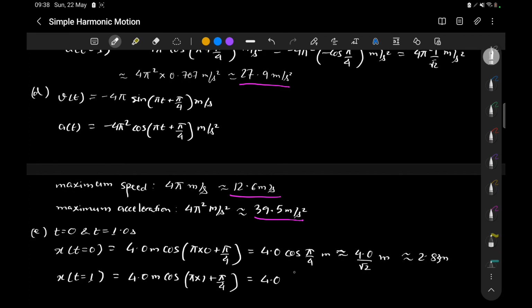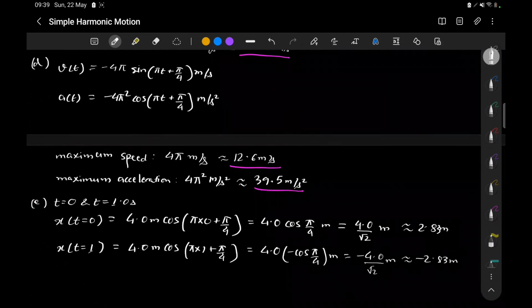Cos pi plus pi by 4 is minus of cos pi by 4, so this is equal to minus, which is approximately minus 2.83 meters.